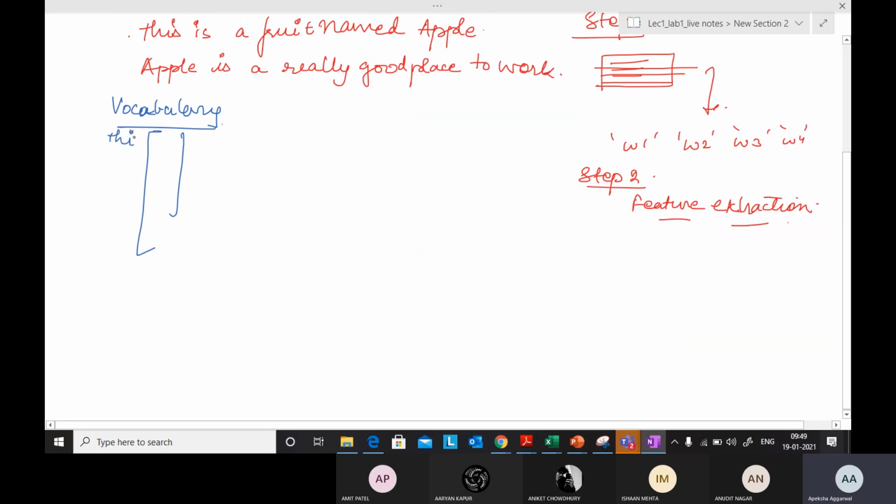After you have converted it into a set of words, "is" and "a" would be removed, so you will get fruit, maybe named, apple, then again apple, and "is" and "a" would be removed as stop words.